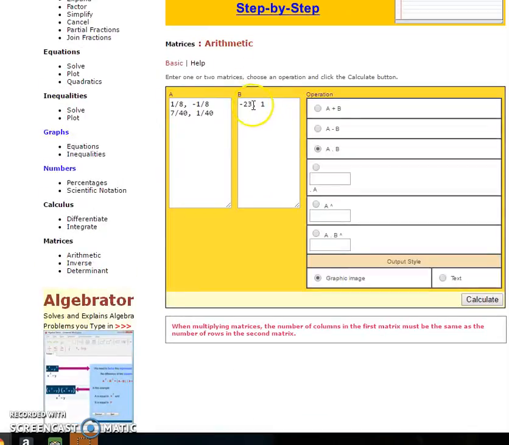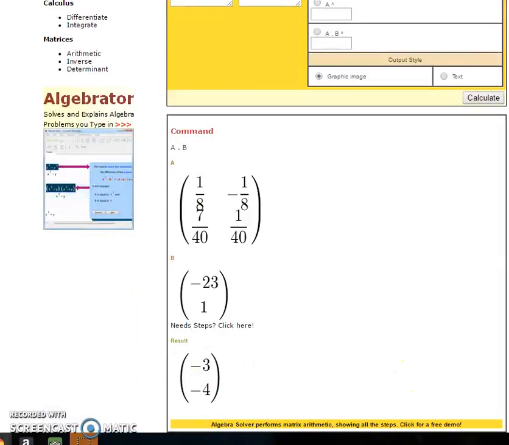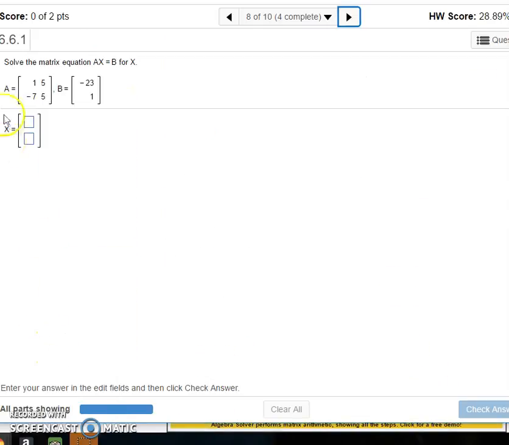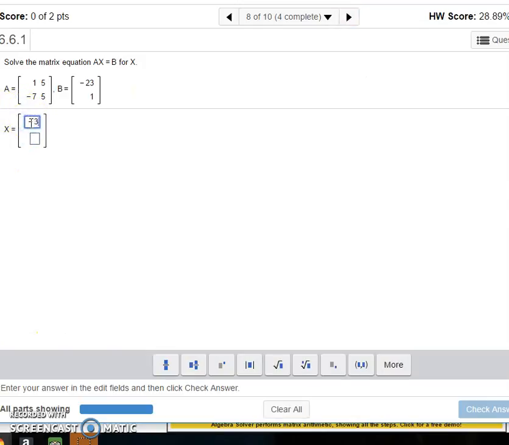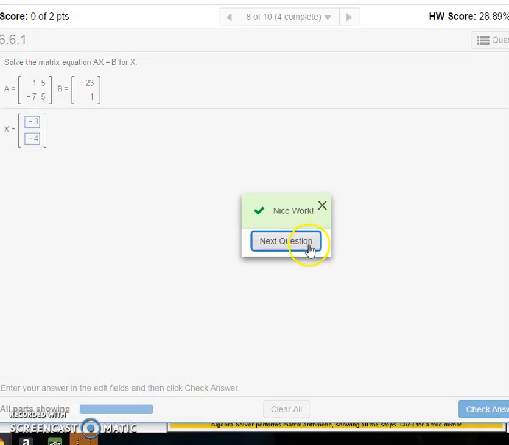And you have to make sure you put it in correctly, and it will tell you if you put it in incorrectly. And my answer is negative 3, negative 4. I come back to my assignment, negative 3, negative 4, and it's going to tell you you did a great job.